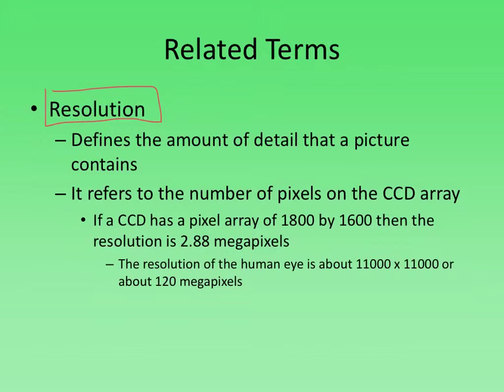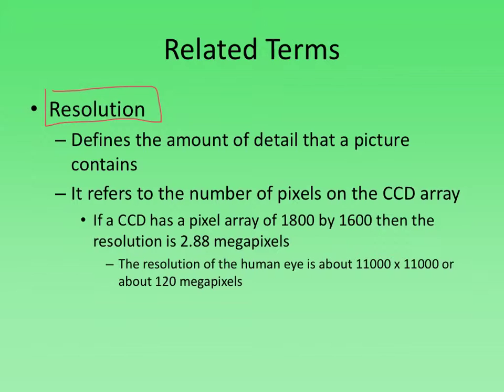So if you have a CCD that has an array of about 1800 by 1600, that gives us a total resolution of 2.88 megapixels. Right? It's just the area, the length times the height. For the human eye, our resolution is about 11,000 by 11,000, or about 120 megapixels.